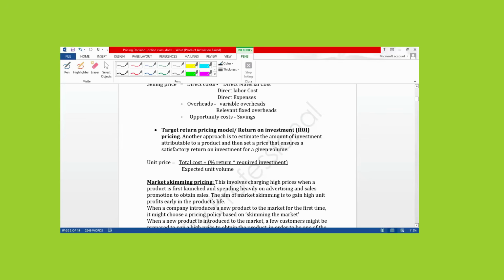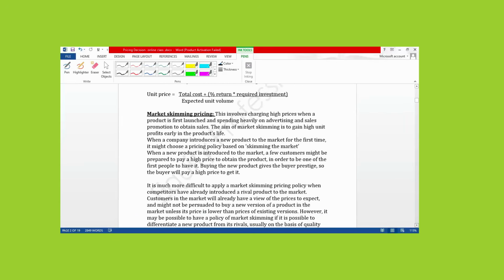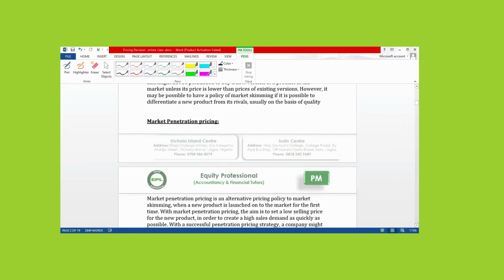We discussed this. Market penetration pricing is a strategy of charging a low price for a new product that is introduced to the market for the first time.